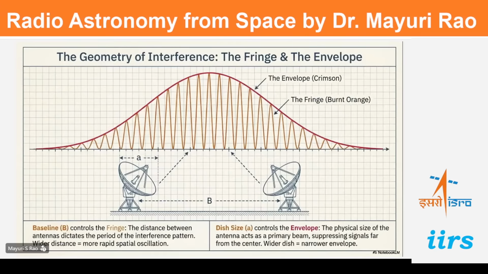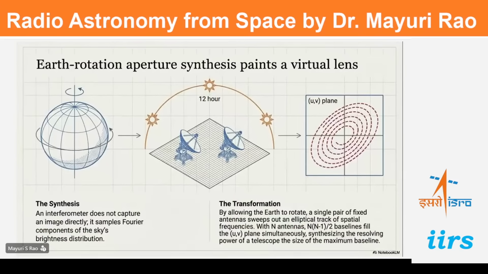So effectively what you're able to do with this trick, by putting many small dishes far apart, is you can treat all these antennas together collectively as one huge radio telescope. In fact, what you can do is put these antennas at certain distances and let the earth rotate. When the earth rotates, the source that you're observing projects different length scales across your two antennas, or many antennas that you have.